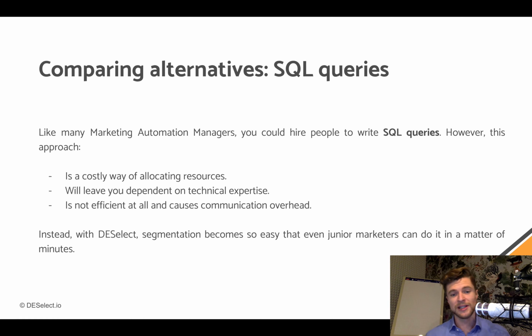Also, this approach will leave you dependent on the technical expertise, and actually that's not something either the technical expert or the marketer really wants. It's not efficient at all, because as mentioned before, this leads to communication overhead. So instead, with DESelect, segmentation becomes so easy that even junior marketers can do it in a matter of minutes.